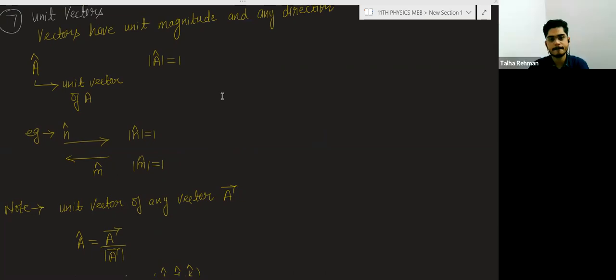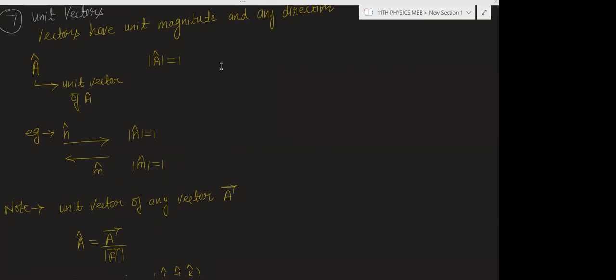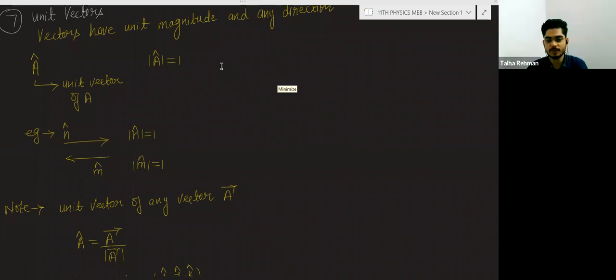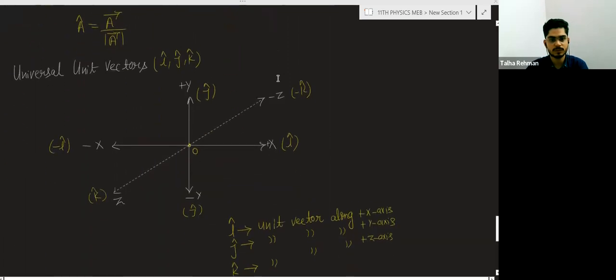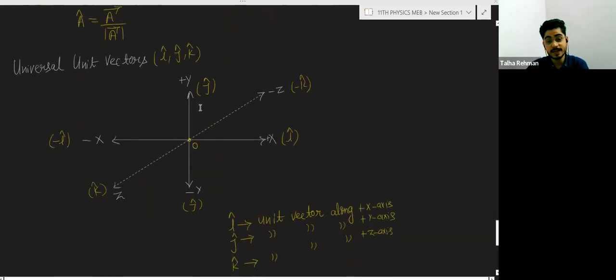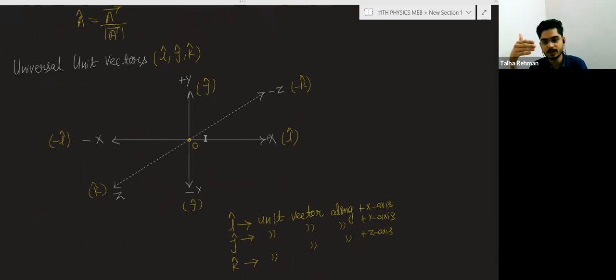Joylin? Yes, sir. I've written it. Okay, just write, no problem. And this thing is very important. I am saying it again and again, and I think Divyangi, I have already told you this.